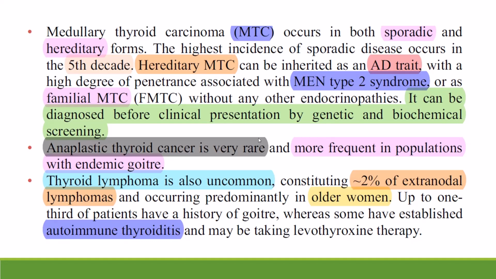Actually, hereditary means this is an autosomal dominant condition. Once present in one of the parents, it will be inherited as an autosomal dominant condition, and 50% of children will present with medullary thyroid carcinoma. But familial medullary thyroid carcinoma is not autosomal dominant.